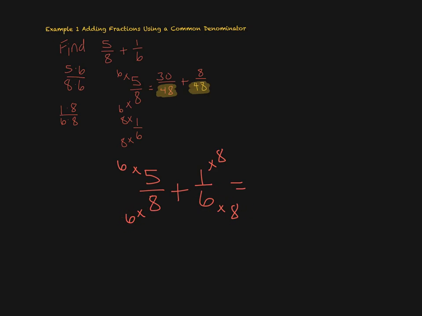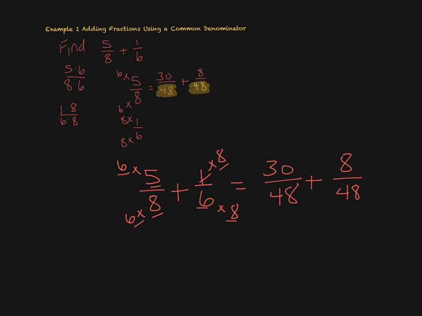This number 8 comes from here. So now I just multiply them out. I've got 6 times 5 is 30. 6 times 8 is 48. Plus 1 times 8 is 8. And 6 times 8 is 48.